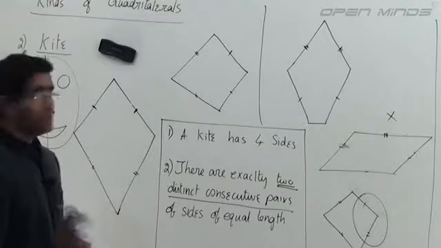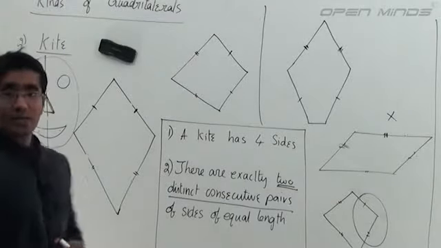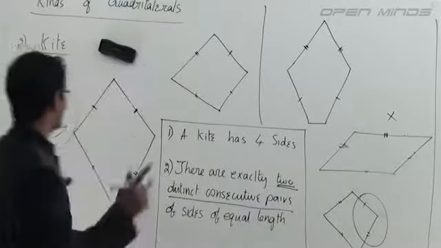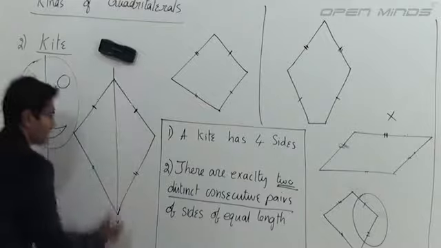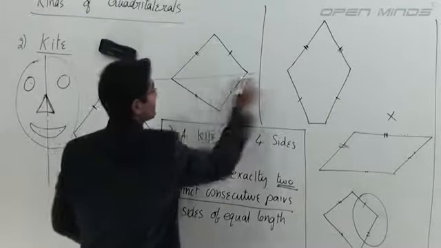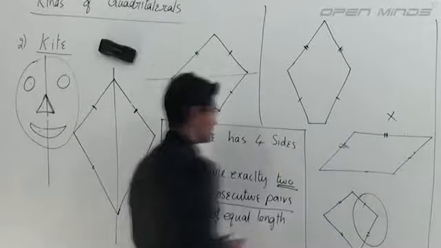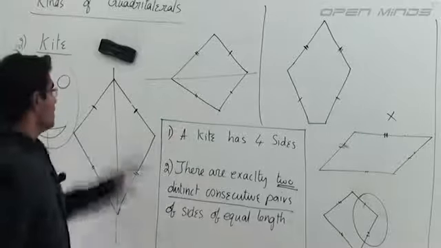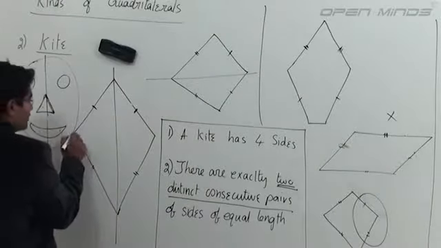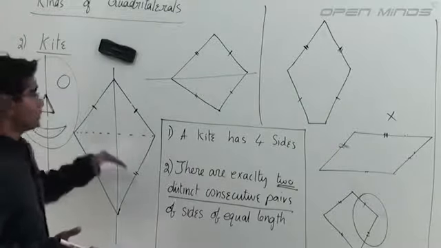Now, does a kite have a line that divides it into two symmetric parts? Yes, it's one line. This line can divide the kite into two parts. Do the other lines divide the kite into two symmetric halves?